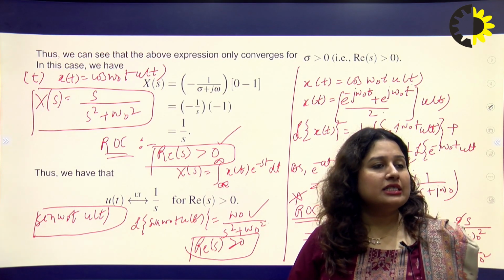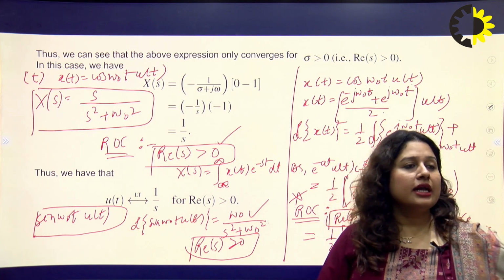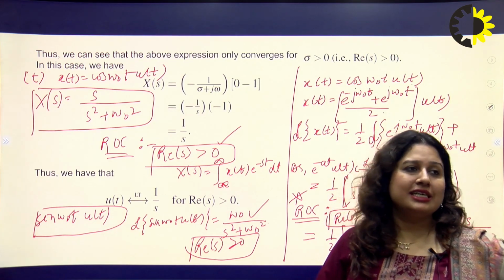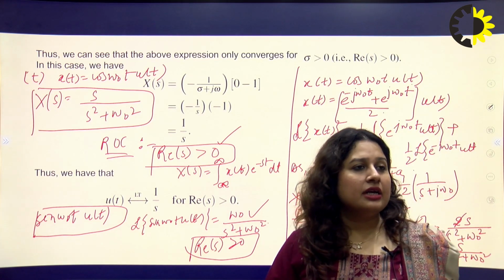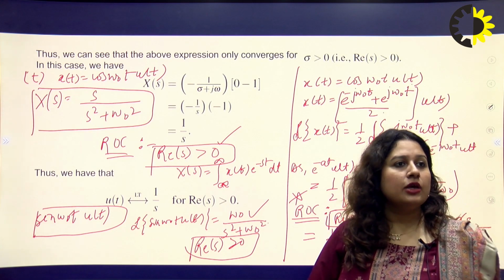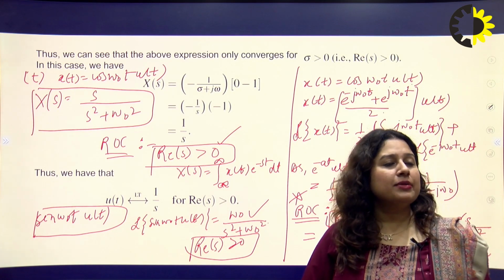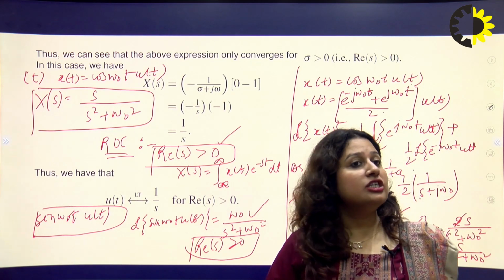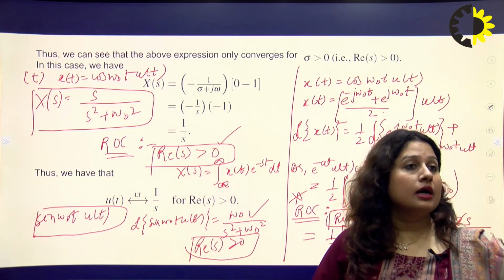There are numerous properties, around 11 to 13. Firstly, linearity, then time shifting, frequency shifting, differentiation in time, differentiation in frequency, convolution theorem, multiplication property, conjugation property, and then the initial and final value theorem for the Laplace transform.